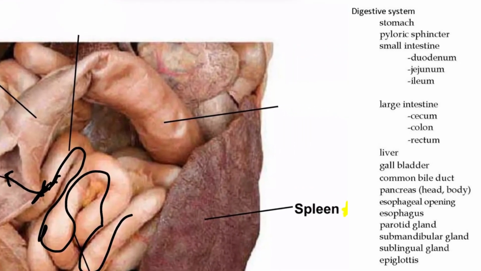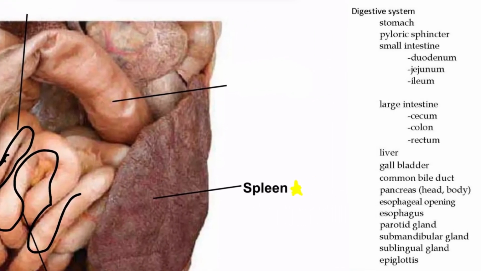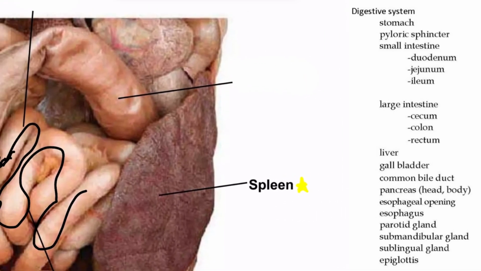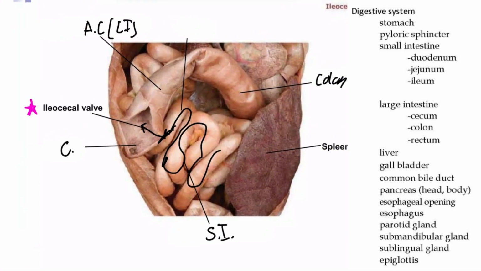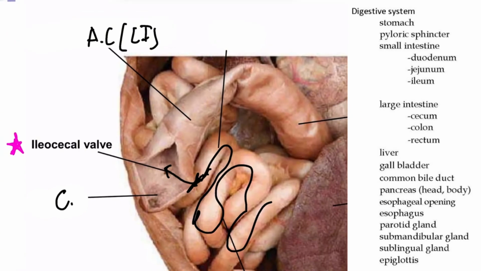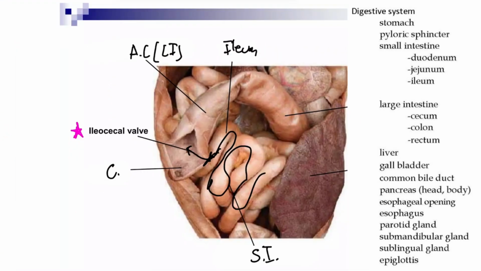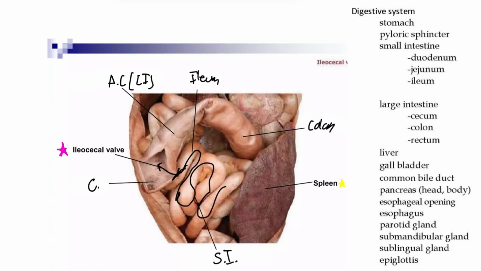And then this one is probably the transverse, I'm assuming, or maybe the descending, but it's really difficult to identify with the cats. So I think she's going to test us on the human model instead, if that's what I recall hearing from her yesterday. So yeah, I'm going to just put colon. Oh right, and this one's the ileum, the last part of the small intestines. Okay, and that should be it with the digestive systems.